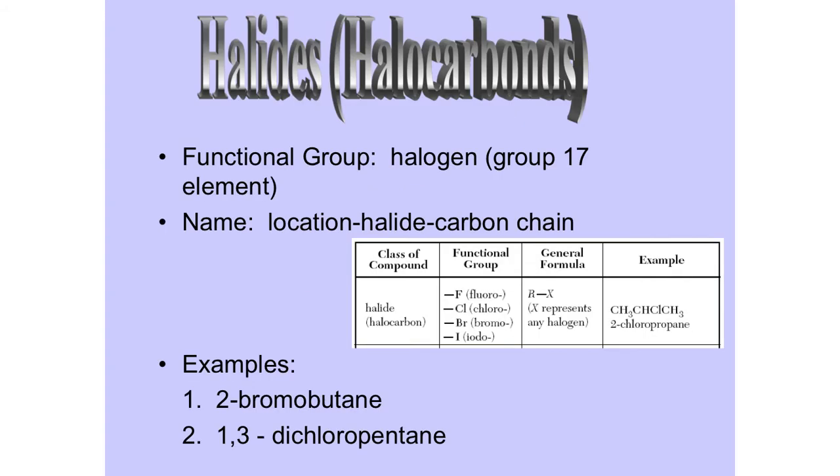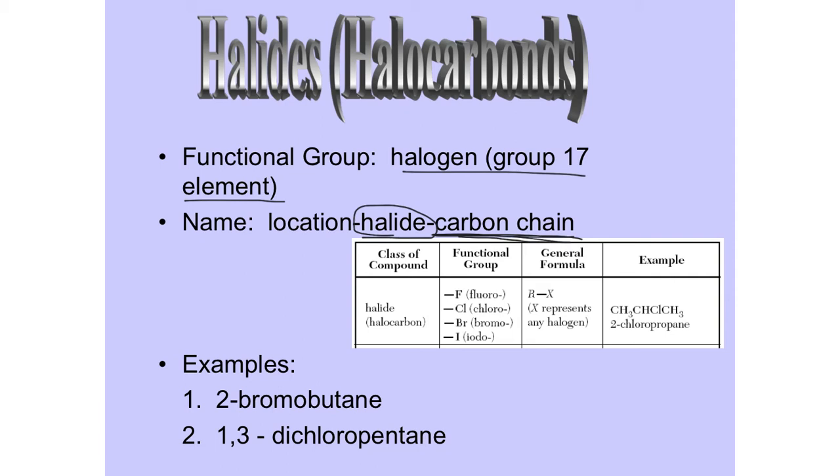The first group that we are going to look at today is the first one that is on table R, and those are halides or halocarbons. So what we have is a halogen, which is a group 17 element added on to our hydrocarbon. So we are going to name them just like we would name a normal hydrocarbon, and then we are going to insert the name of the halide.